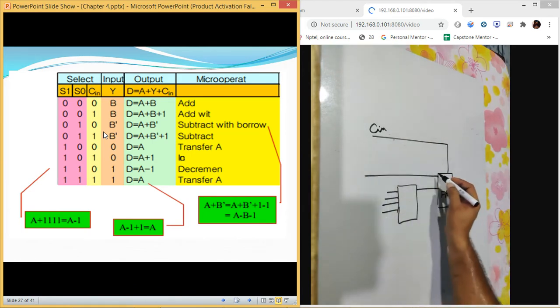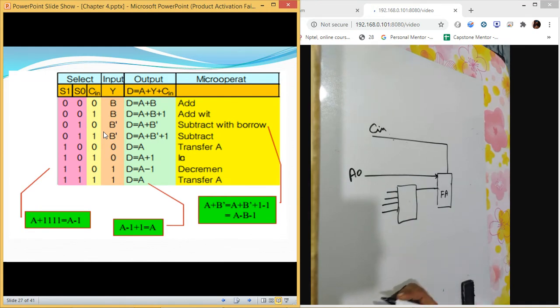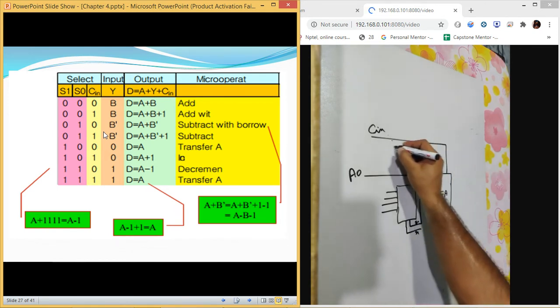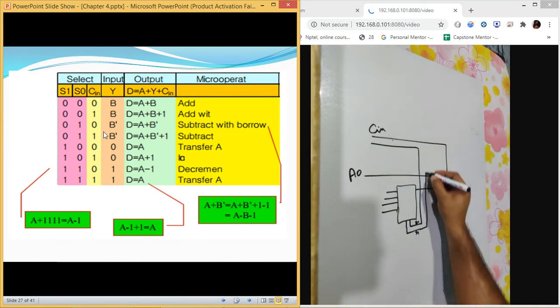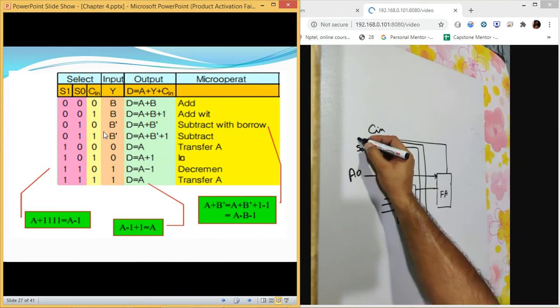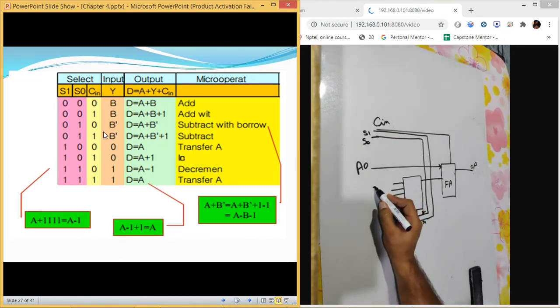It will also have a value of A naught. There are two selection lines. This is known as S naught. This is S1. So we will just make it like this: S naught and S1. So this is S naught. This is S1. So this is Cin. This is the output, and at this place we are having a value of B naught.